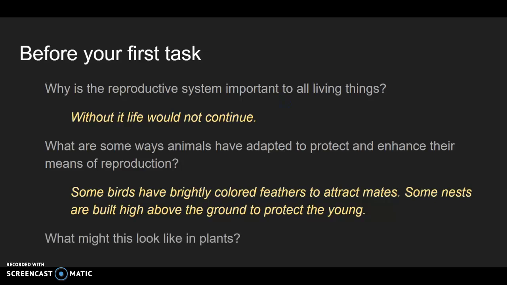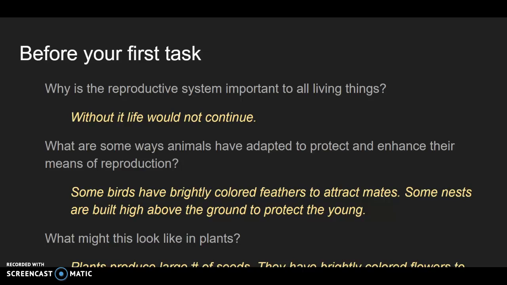And then what might this look like in plants? So you have animals as an example. What do you think plants' structures are looking like to protect and enhance their means of reproduction? Oh goodness, my screen is cut off the bottom. I will post this set of slides as well with my video so that you can get that information.